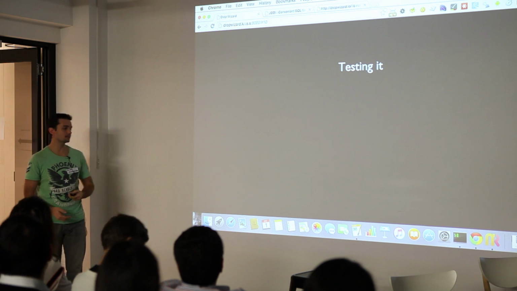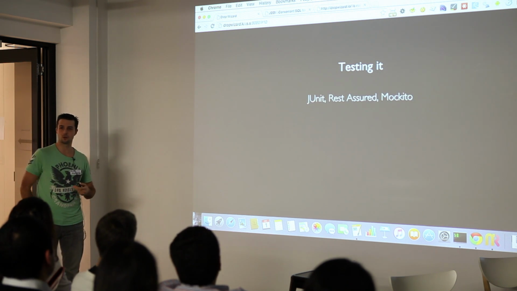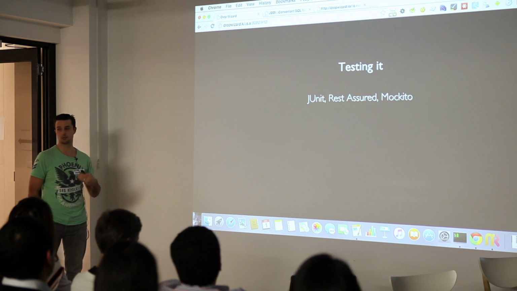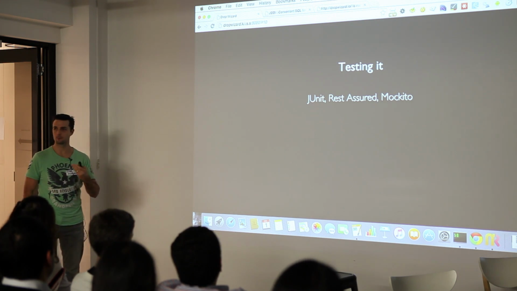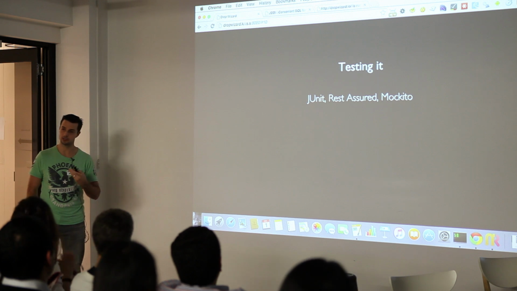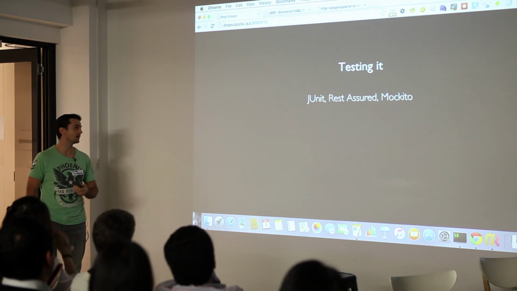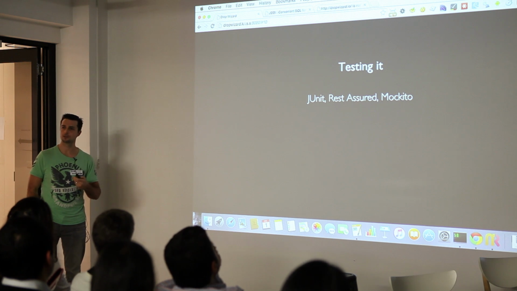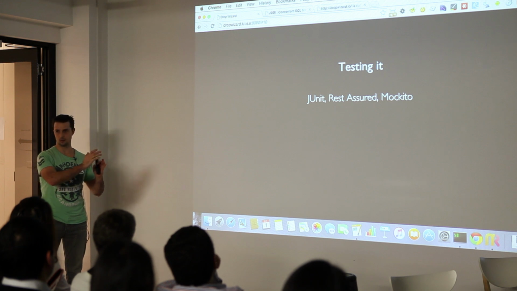So testing it. Testing wasn't really that different to any other Java project I've worked on, except for not using dependency injection. So what we ended up coming up with was a combination of unit tests with JUnit and Mockito, which you're probably all familiar with, and REST-assured. REST-assured is a library for testing JSON APIs, but the difference is it tests it as a third party, like a black box.